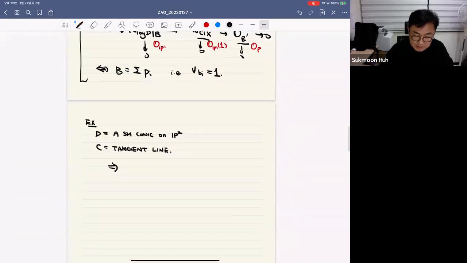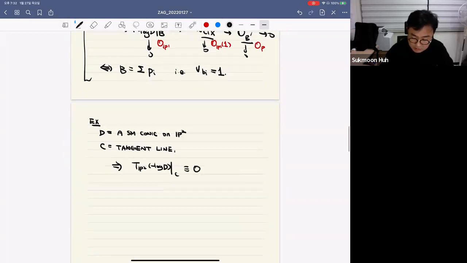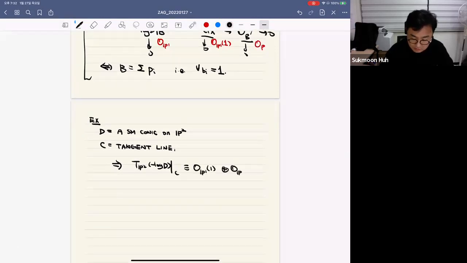So the logarithmic tangent bundle of this smooth conic restricted to this tangent line is O_{P1}(1) plus O_{P1}. And similarly for a non-tangent line, we can observe that they have the same splitting type.